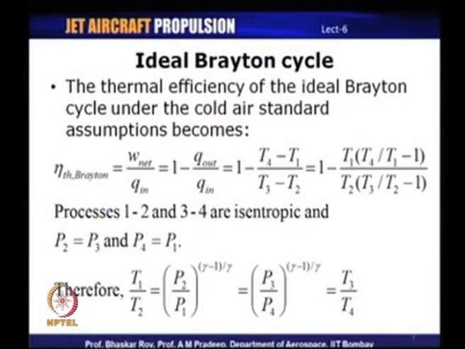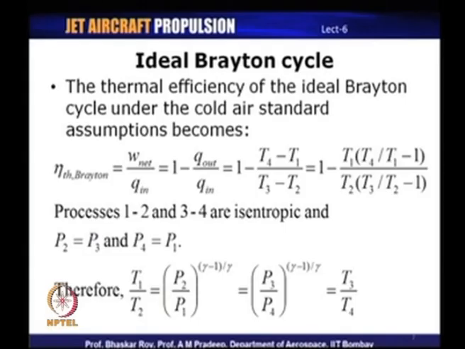Similarly, we can also do the same thing for the work done by the system, and we know that the efficiency of any cycle can be expressed as the ratio of the net work output of the system divided by the heat input to the system. So, the thermal efficiency of an ideal Brayton cycle, if we were to assume the air standard assumptions, will be eta Brayton, that is eta thermal efficiency of the Brayton cycle, should be equal to W net by Q in, which is equal to 1 minus Q out by Q in.